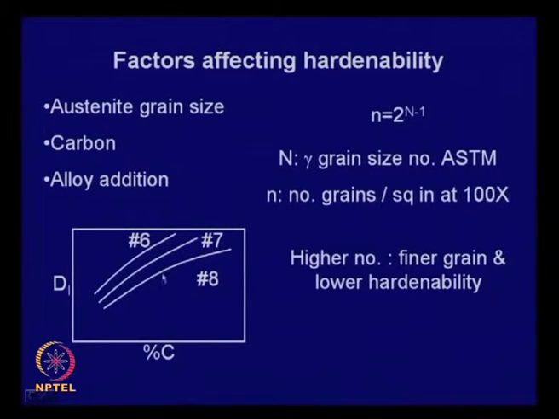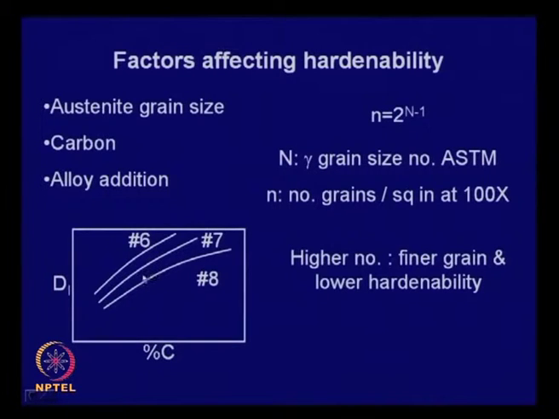And for a fixed carbon, let us say 0.5, this is over here. As you make the grains coarser, by controlling your austenitization time, keeping it for a longer time or at a higher austenitizing temperature to grow larger grains, you will find that as the grains become coarser, the hardenability improves.